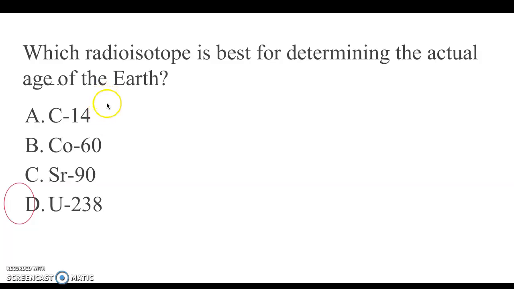Additionally, carbon-14 only has a half-life of 5,700 and something years. That's not very long in terms of the Earth's lifespan. If you recall from middle school or Earth science, the planet Earth is about 4.6 billion years old. Uranium-238 has a much longer half-life, which you can actually look up in your reference table.